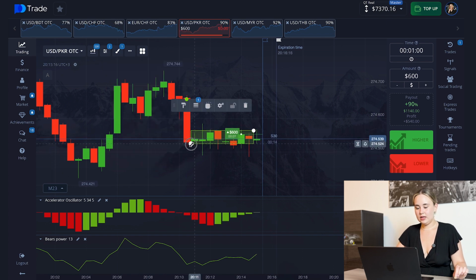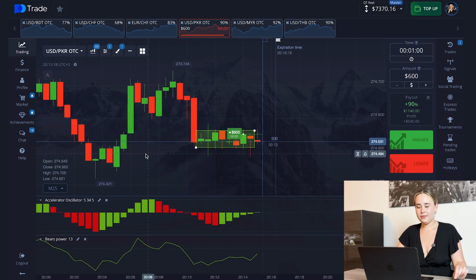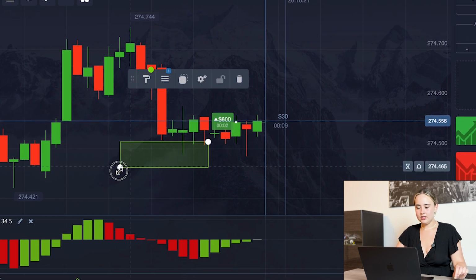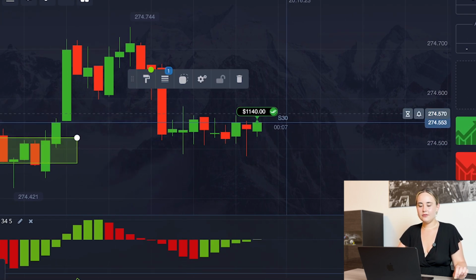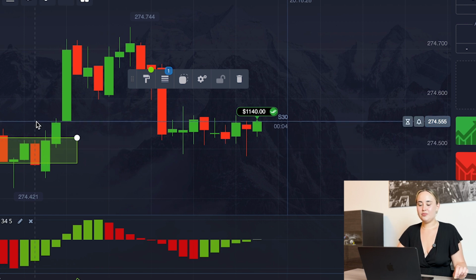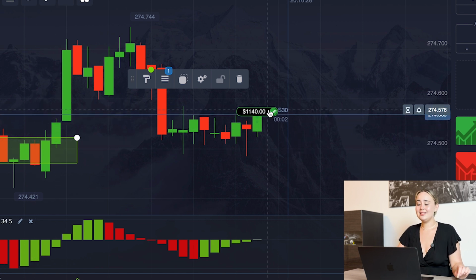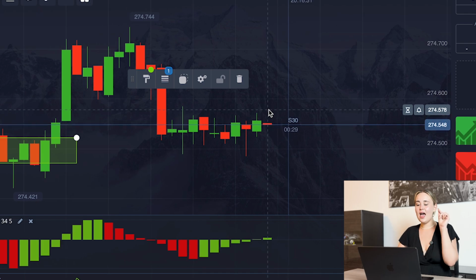The price was really stable right here, and you can see it right here as well, and after this moment of stability the price usually goes higher, and this is exactly what happened here, guys. I hope you saw that.